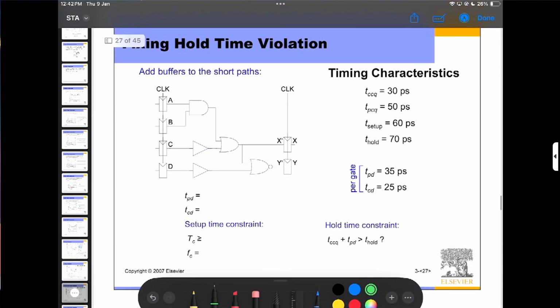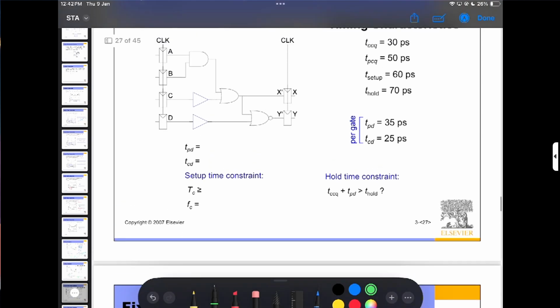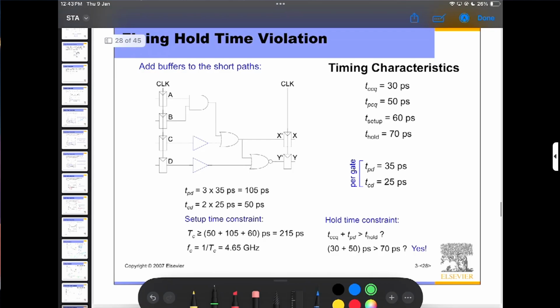But here what they did is the same question, but they just add a buffer. If a buffer is added, then I think the contamination delay will change and the propagation delay will be the same. Here the maximum delay is the same, but the contamination delay will change a little bit. And for the hold time constraint, TCCQ plus TPD also we can take.